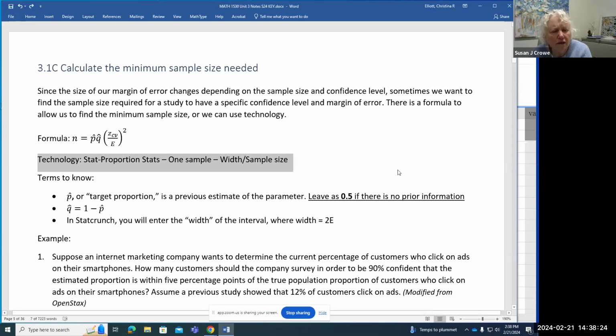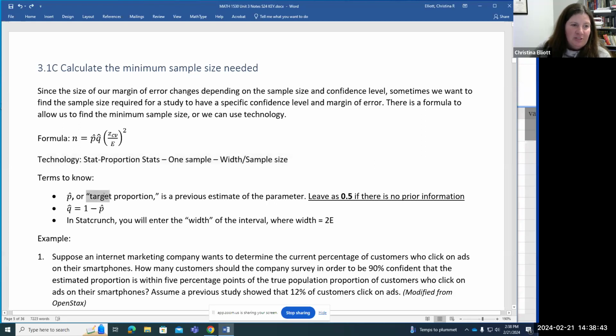Yes. So when we are using this stat proportion stats, one sample width / sample size, the terms that we need to know are target proportion.